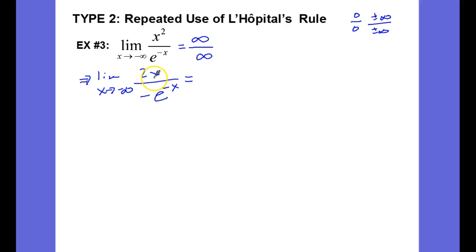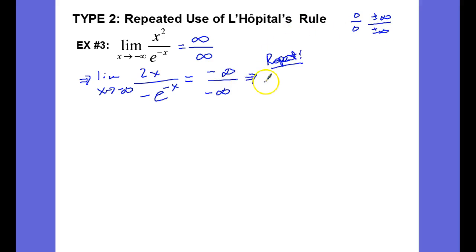If I plug in negative infinity, 2 times negative infinity is negative infinity, and plugging negative infinity in here, we get e to the negative infinity, which is e to the infinity, which is infinity, and we've got a negative in front, so that's negative infinity. No good. These two functions are continuous and differentiable on all real numbers. We've got an indeterminate form that satisfies L'Hopital's rule.